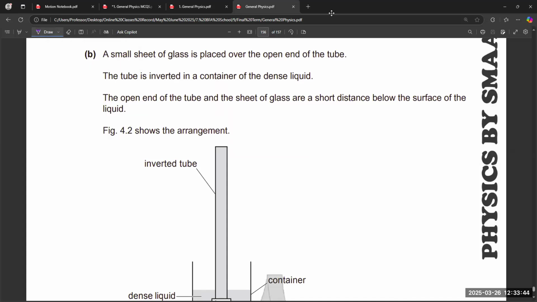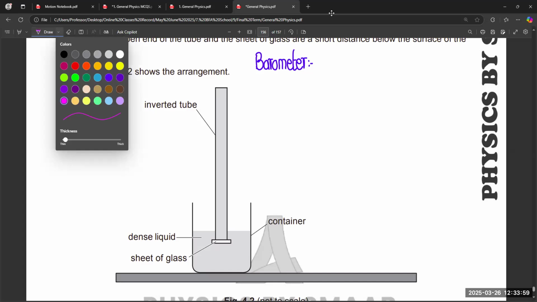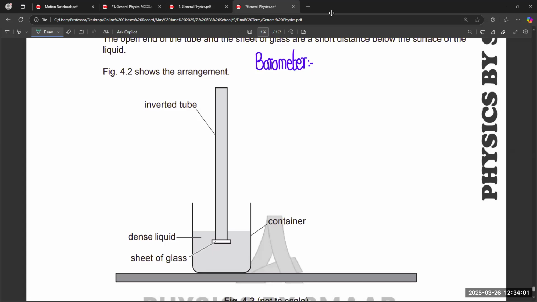This diagram represents the setup of the barometer. A barometer is a device which helps to measure atmospheric pressure. And how we can measure atmospheric pressure with the help of the barometer, that is very simple.